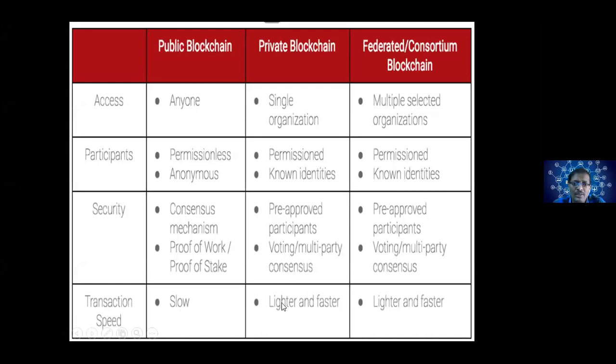And in other blockchains, when we take Hyperledger, which comes under consortium or private, the Hyperledger transaction speed is around 2,500 to 3,500 transactions per second. When you take the Ethereum blockchain, the transaction speed is 15 transactions per second.